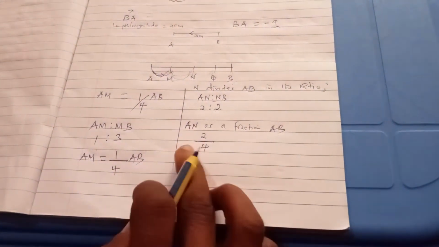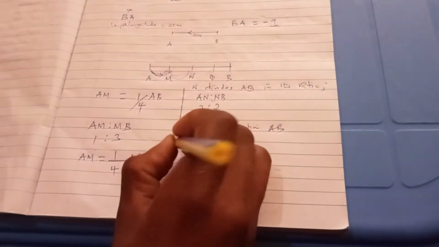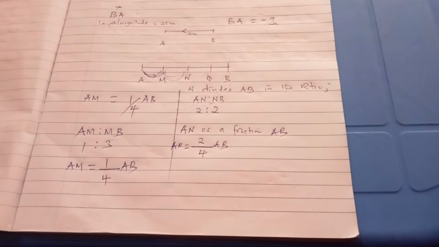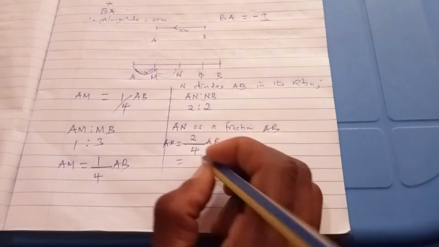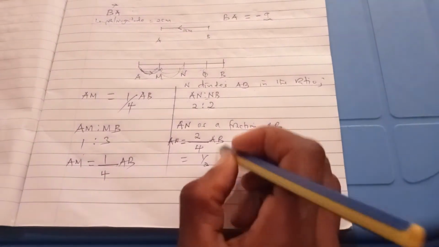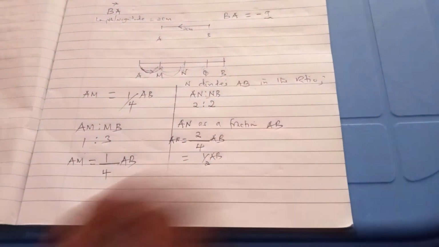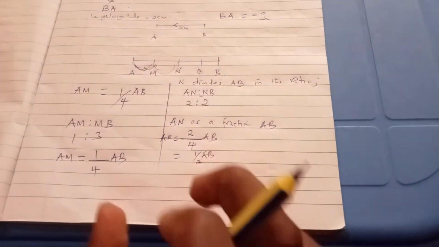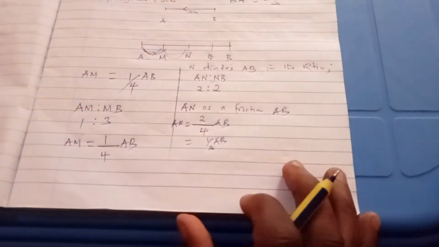So you can say AN is equal to 2 over 4 AB, which now you can simplify to be 1 all over 2 AB. So this is very important. This is called internal division of a line.